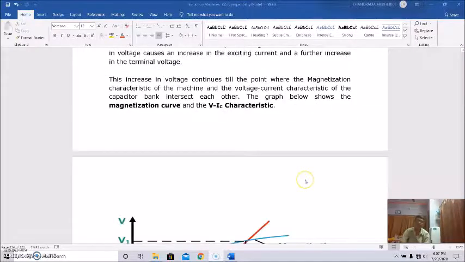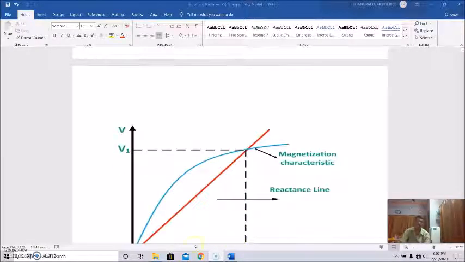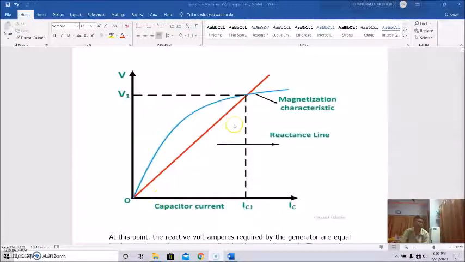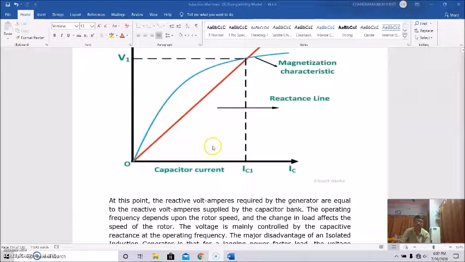In the graph shown here, this is the magnetization characteristics of the machine, and this is the volt-ampere characteristics of the reactance line of the capacitor bank, and this point of intersection will give you the volt-ampere required for the self excitation of the induction generator.